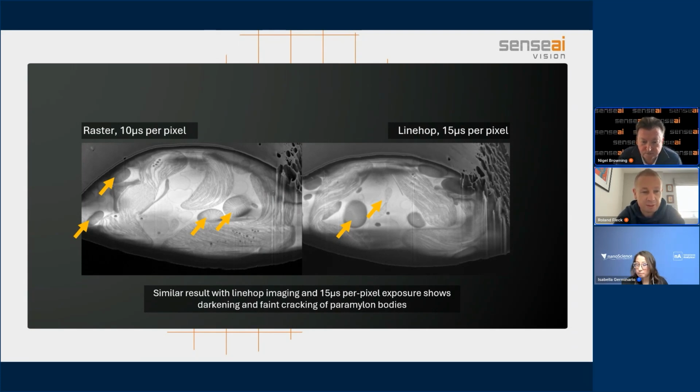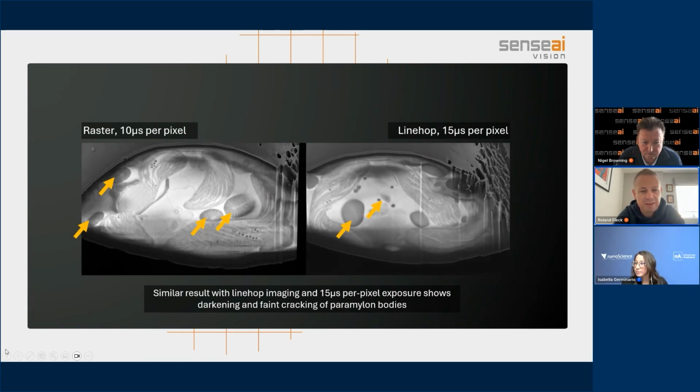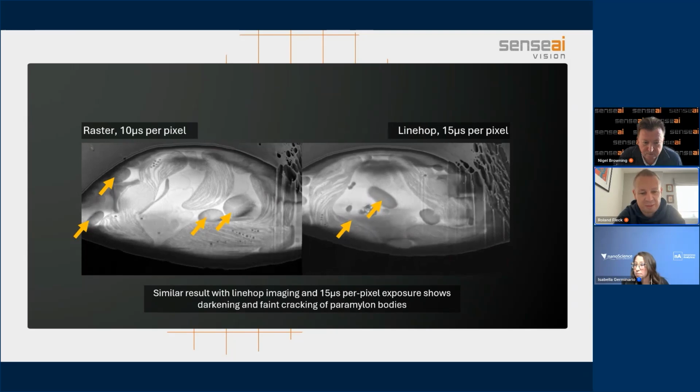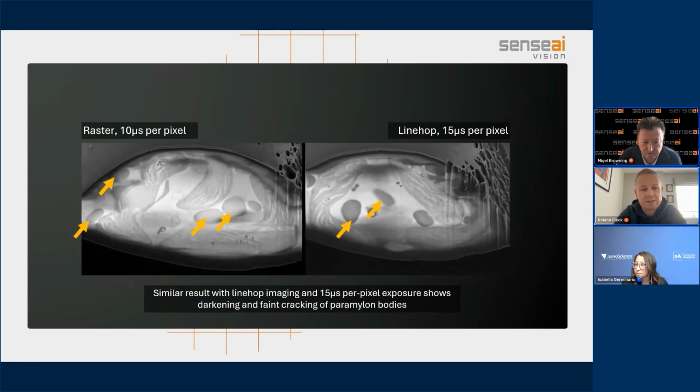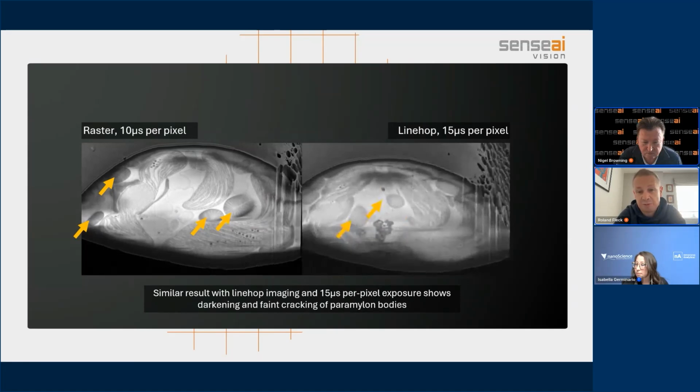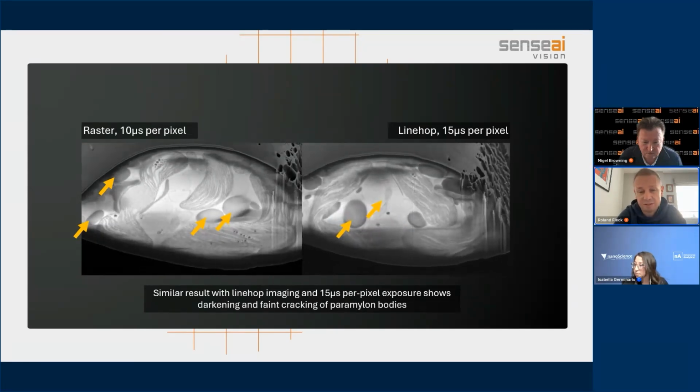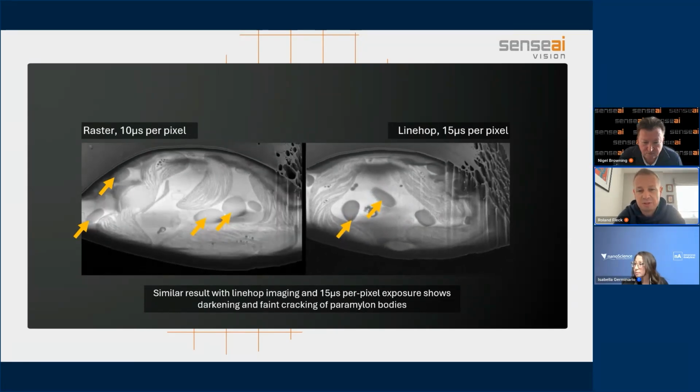And if you look at the left hand one where the little orange arrows are pointing, and if we could replay that, it'd be really useful. You'll see the palladium bodies actually start to decay and break down due to beam-induced damage, which doesn't happen with the line hop sparse sampling strategy.